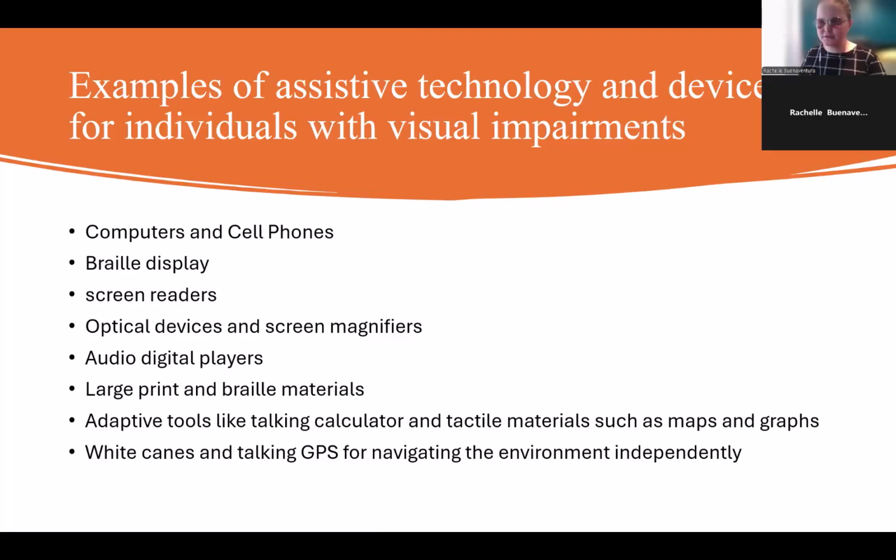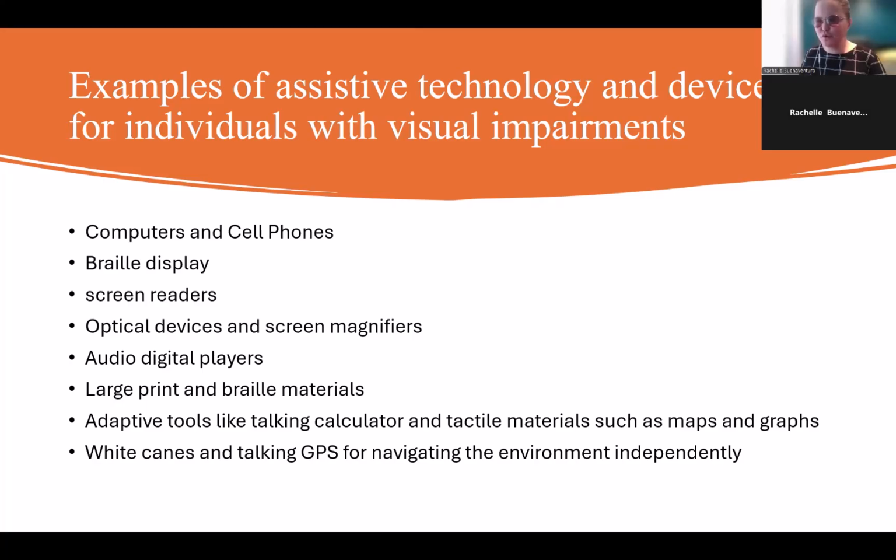And these devices can also be connected to computers, so we would have the option to either read in Braille by our hands or listen to audio players or audio devices.